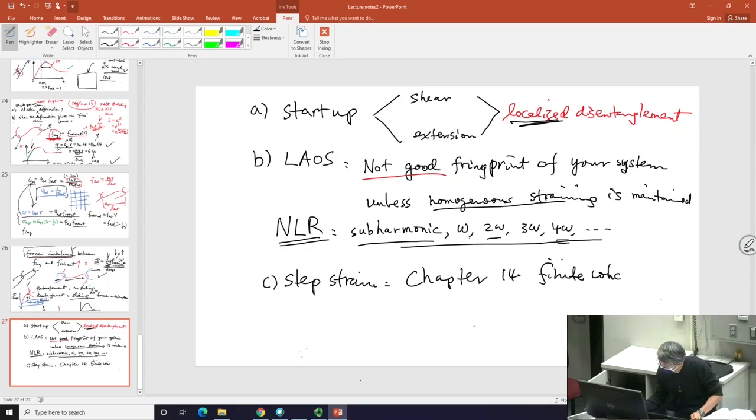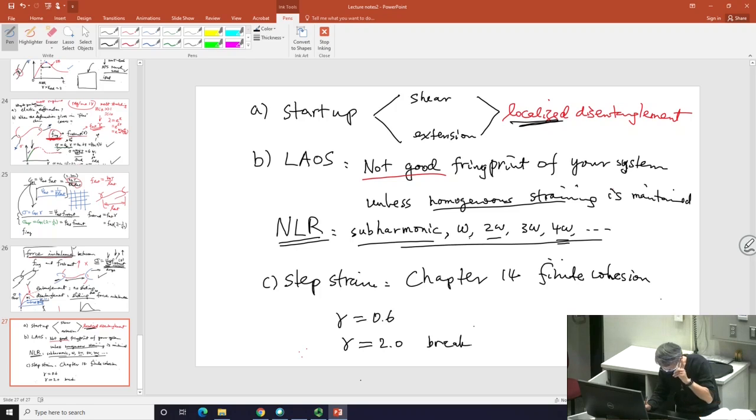You could have a step strand moderate, for example, gamma equals 0.6. And you hold it for a sample that is capable of breaking. So, for example, at 2, it will break.